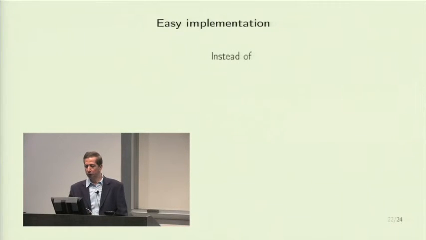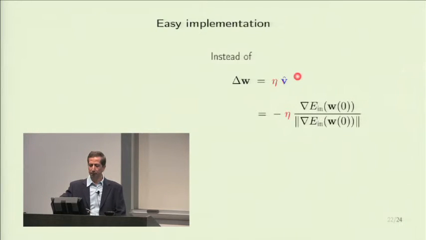Instead of changing the direction, which will not change, we have eta, and this is the formula for the fixed size. Now I'm going to make eta proportional to the size of the gradient, so it's bigger when the slope is bigger. That's very convenient because I have the size of the gradient sitting right there.